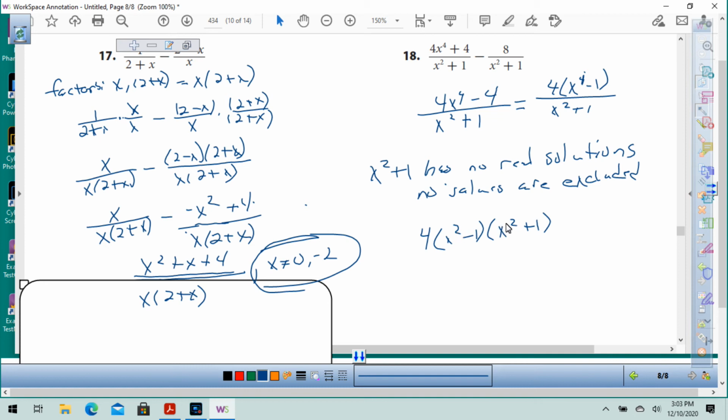X squared times x squared is x to the 4th, and then minus plus, those cancel out, minus 1. All over x squared plus 1. And these can be canceled, and we are left with 4 times x squared minus 1. And again, no values are excluded because x squared plus 1 has no real solutions.